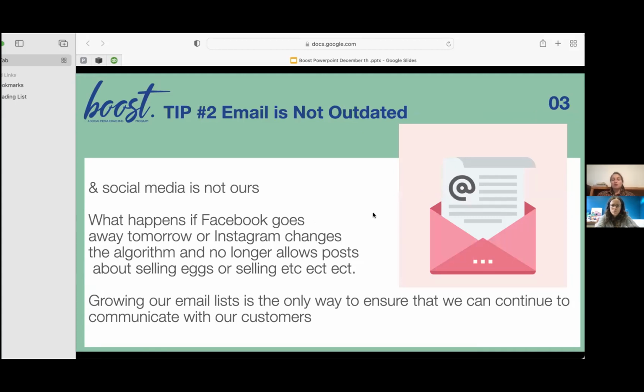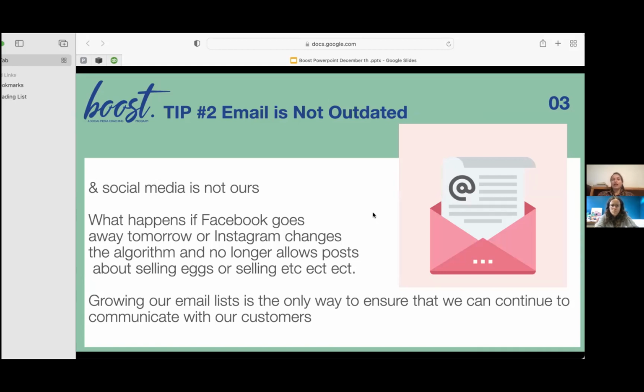So I mentioned this before, but my second tip is to remember that email is not outdated. I think it's really easy to feel, especially as farmers that have limited capacity, that we have to focus all of our energy on keeping up with social media and keeping up with the images we're posting, and that email is for a past generation.